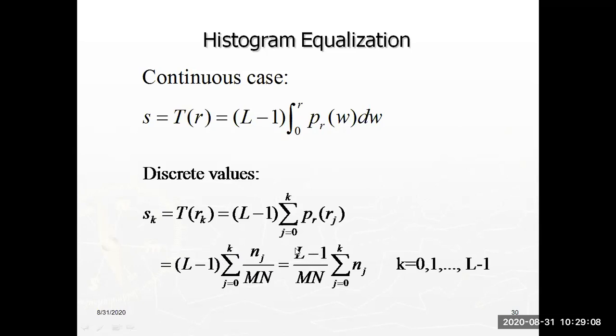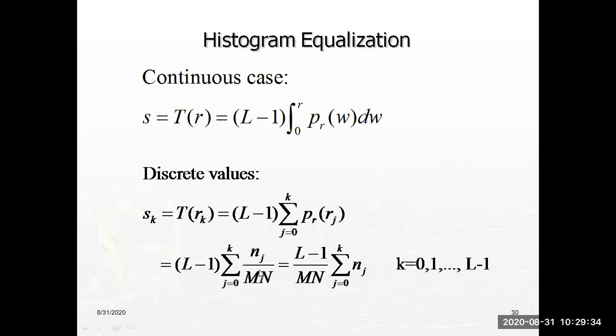For discrete values, there is a number of sampled values. So this sigma indicates the number of sampled dots. But here there is no sampling in the continuous case, where we consider the image continuously. Here, instead of a continuous image, we are considering a number of dots, so a number of pixel values.